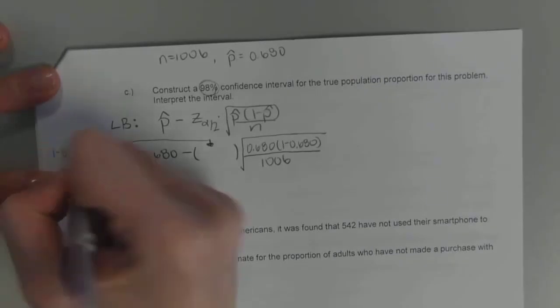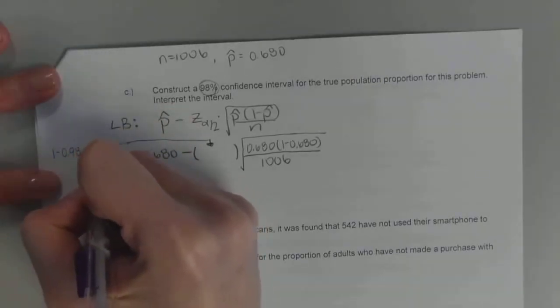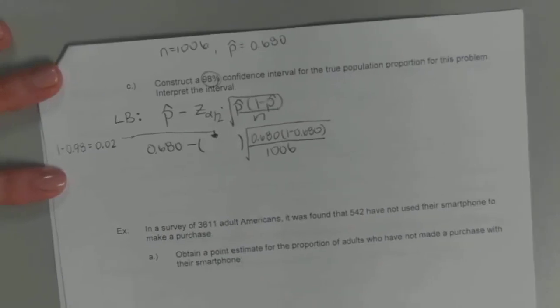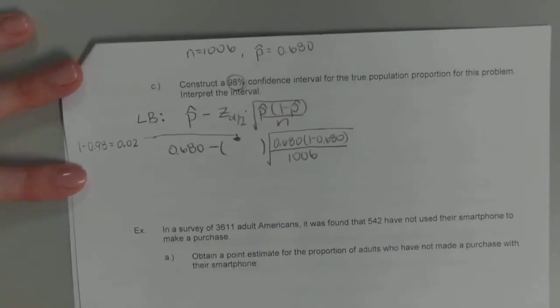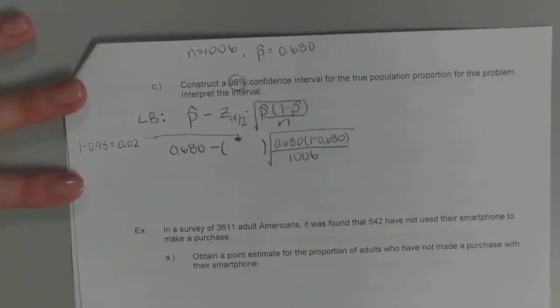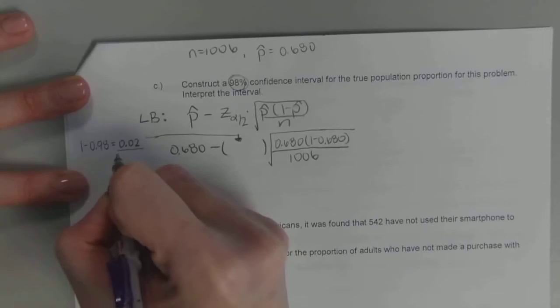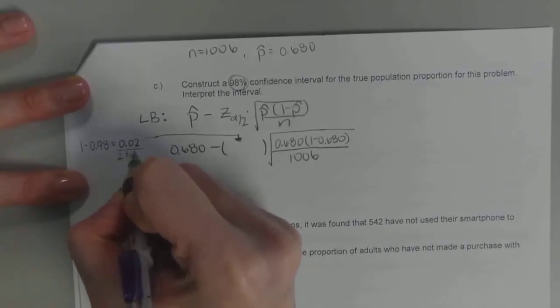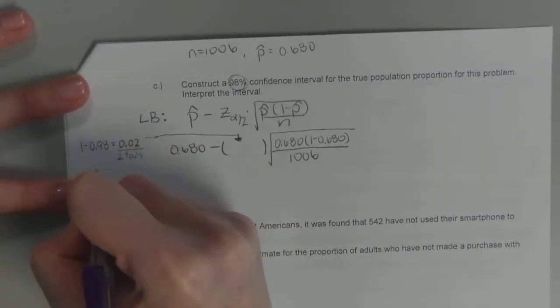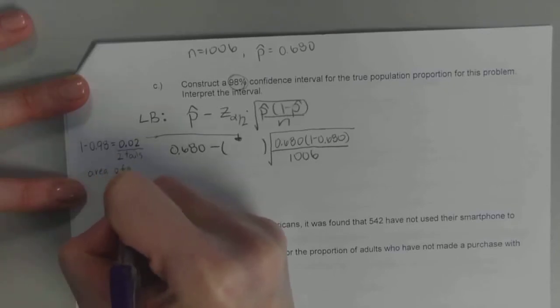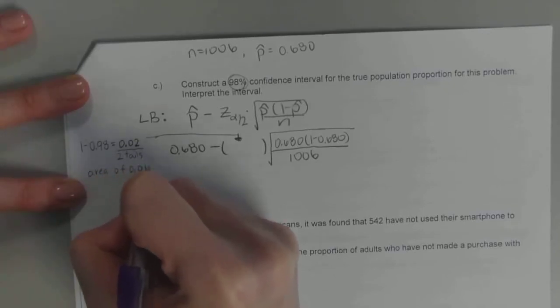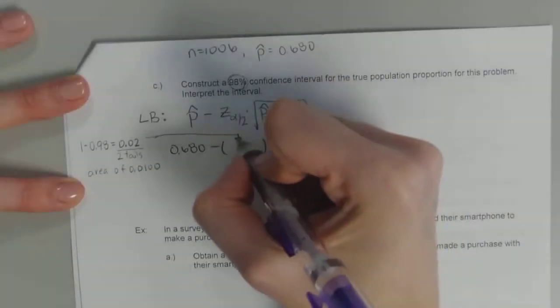So 1 minus 0.98 leaves how much for our tails total? 0.02. 1 minus 0.98 leaves 0.02 for our tails total, right? But how many tails do we have? 2. So what do I need to do? Divide by 2 tails. So I'm really going to look up an area of what? 0.0100.